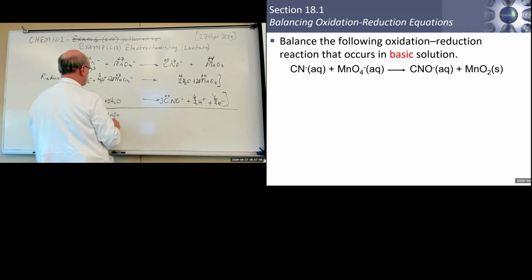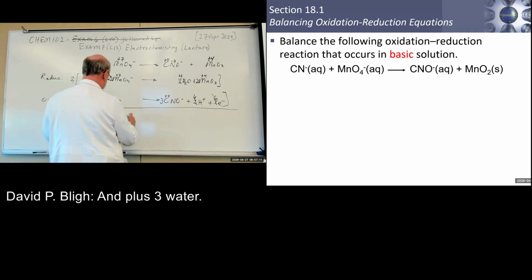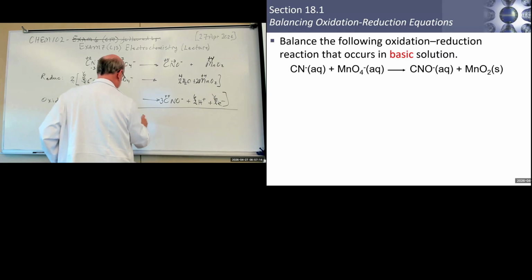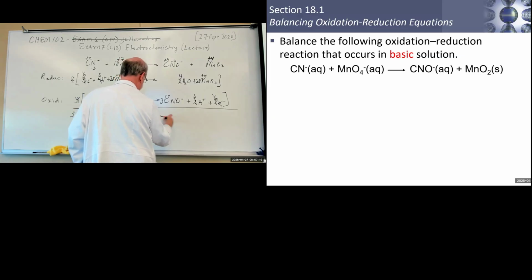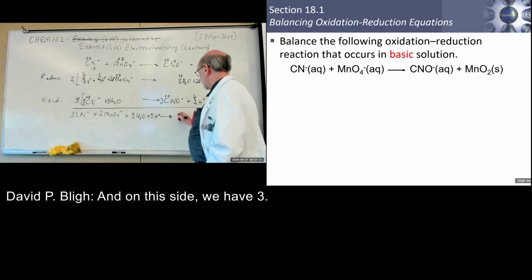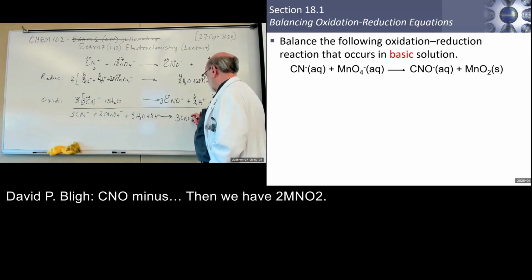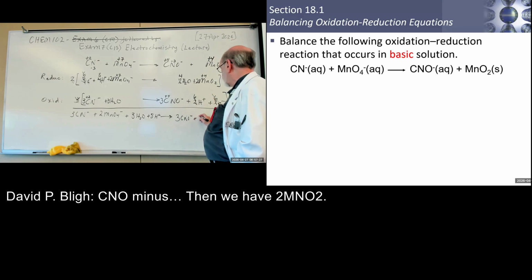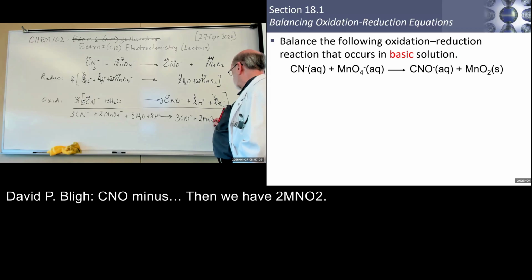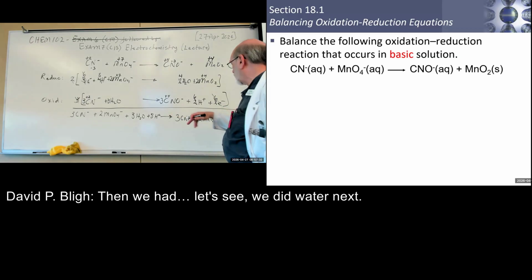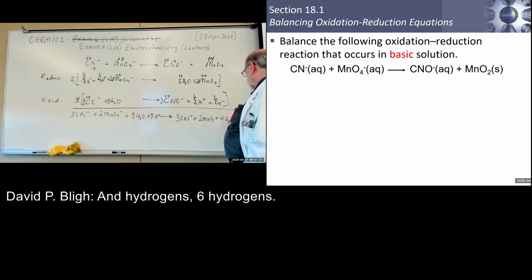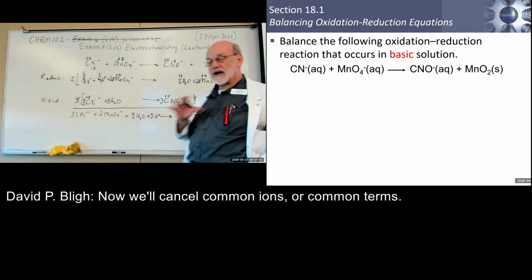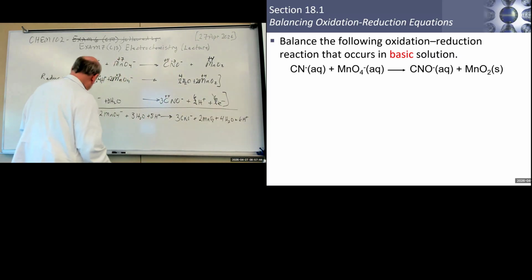MnO4-, then plus 3 water, and 8 hydrogens. And on this side, we have 3 CNO-. Then we have 2 MnO2. Then we have, let's see, we did water next. 4 waters. And hydrogens, 6 hydrogens. Now we'll cancel common ions, or common terms.